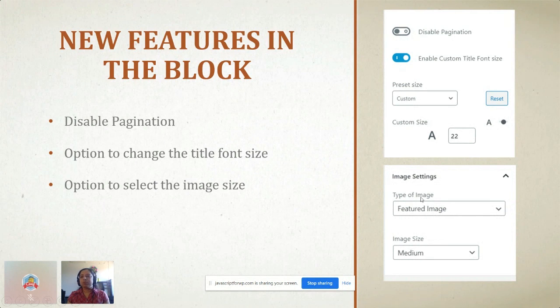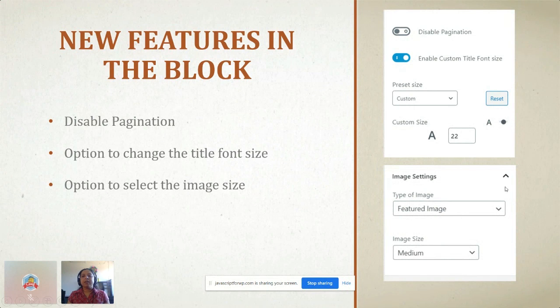And that's all they could do in our shortcode. But in our block, we also gave them the option to choose from different image sizes like small, medium, large, and full width. The same sizes that WordPress gives us, default WordPress image sizes. So the default is medium, but they can choose.